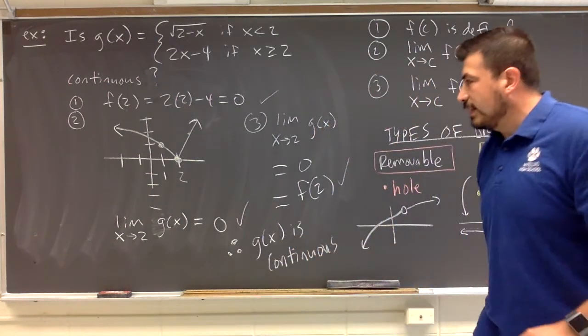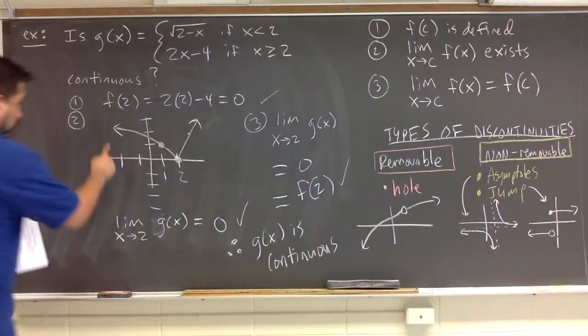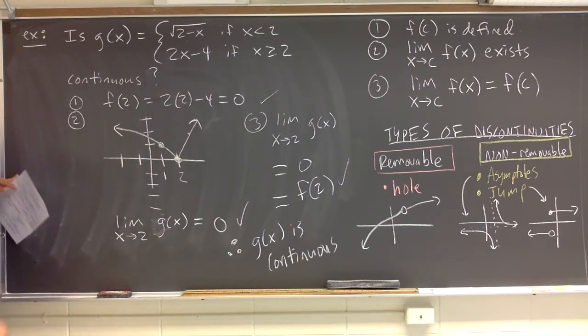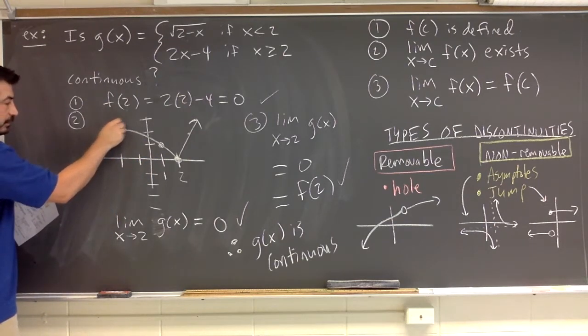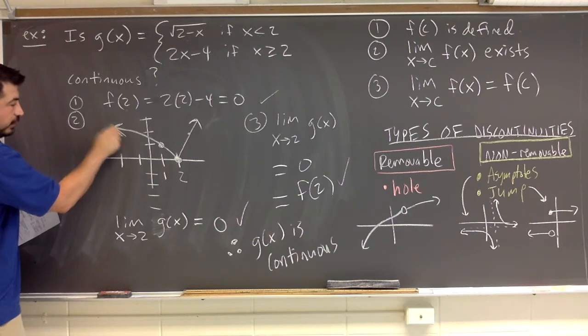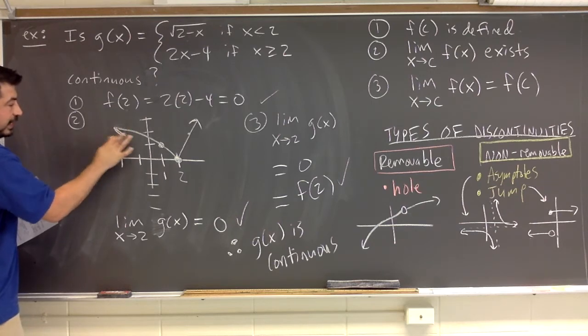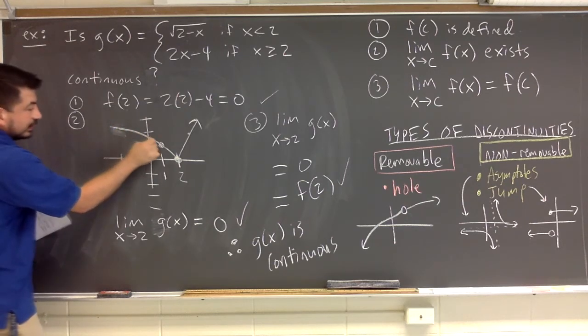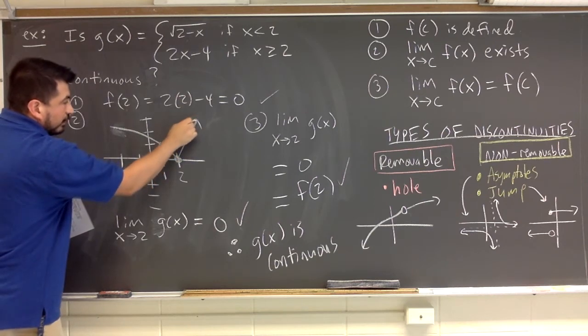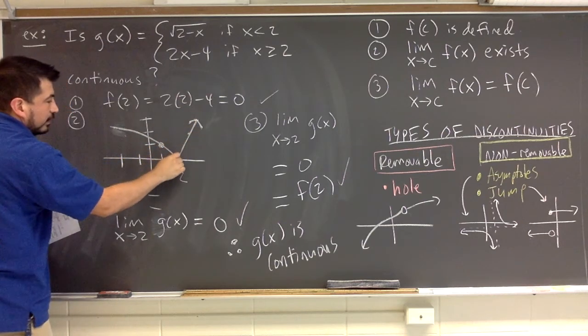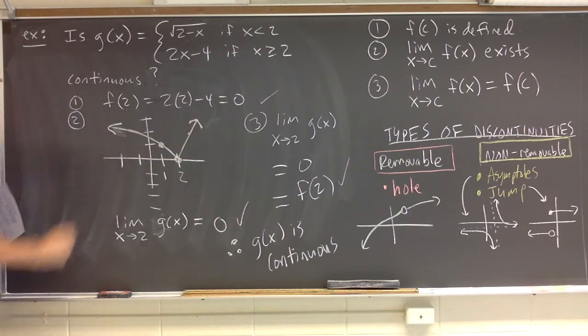Now, intuitively, could you draw this graph without lifting up your pen or pencil? Right, so here we go. Ignoring the arrows, right, but can we just do this? Absolutely, right? No problem drawing that in at all.